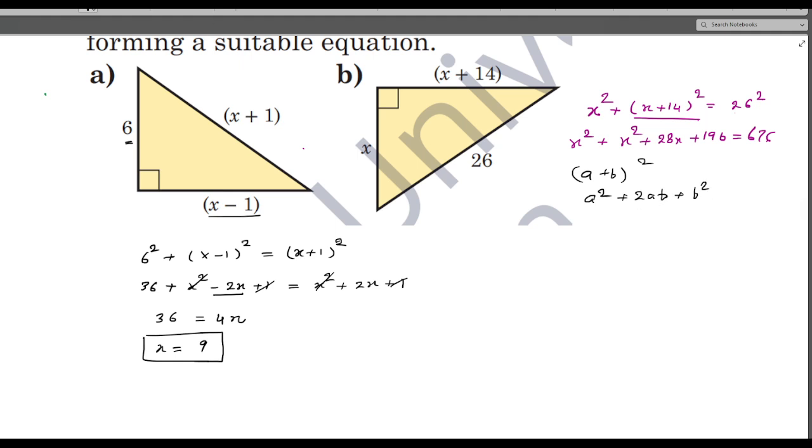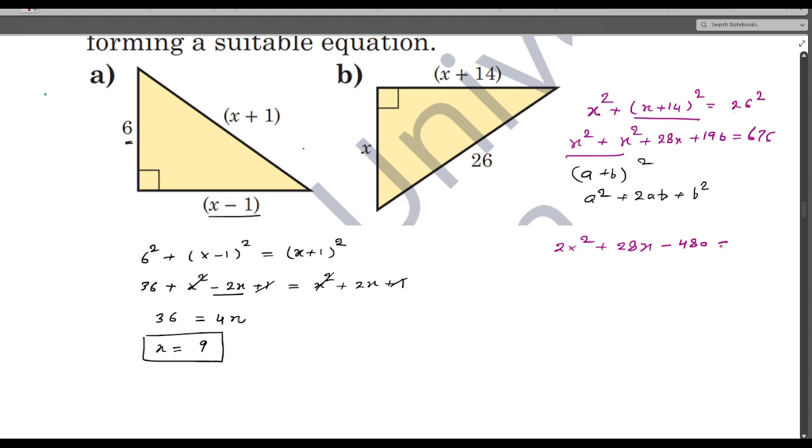Okay, so here x square plus x square will give you 2x square plus 28x plus 196 minus 676, so minus 480 is equal to 0. Now I will take 2 common, so it is x square plus 14x minus 240 equal to 0.